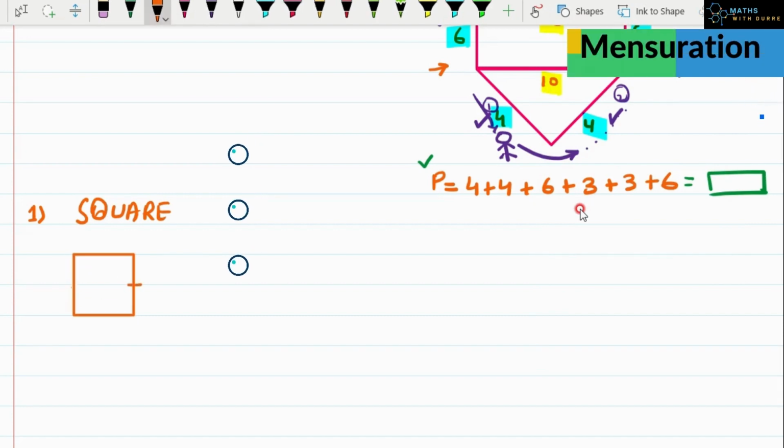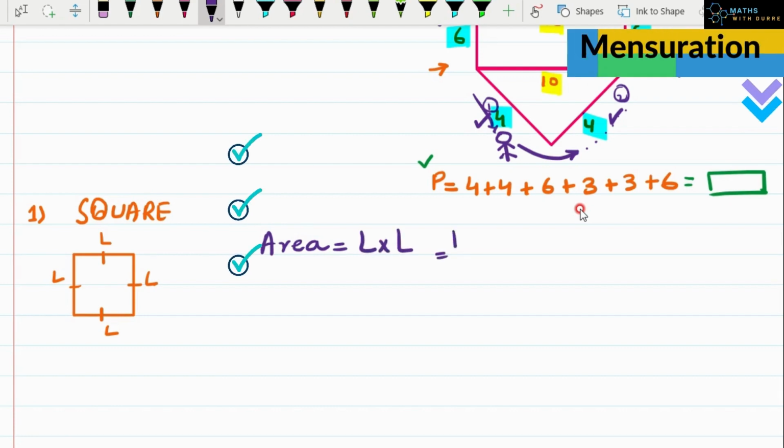It has all sides equal, all angles equal, and two pairs of parallel and equal sides. All its sides are length, length, length. So how can we find its area? Its area is basically length into length, or you can say L squared.